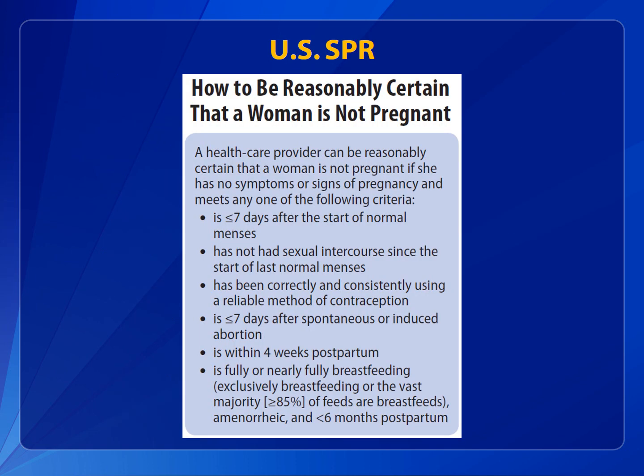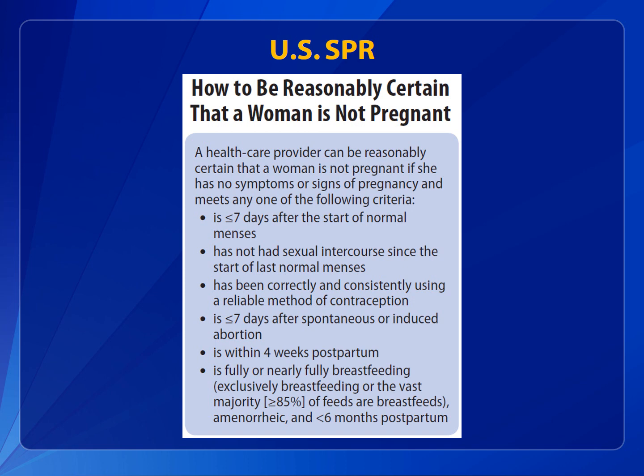The U.S. SPR provides highly accurate criteria that a provider can review with a patient to be reasonably certain the patient is not pregnant prior to initiating contraception. If a woman has no signs or symptoms of pregnancy and meets any one of the SPR criteria listed here, a provider can be reasonably certain that she is not pregnant and can quick start contraception.